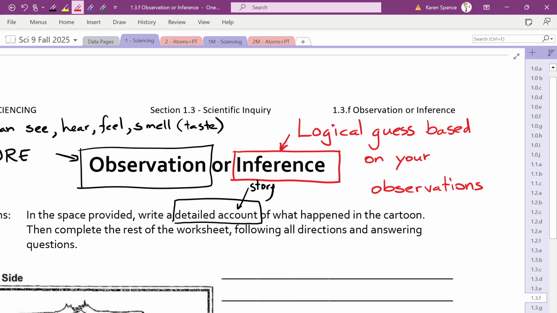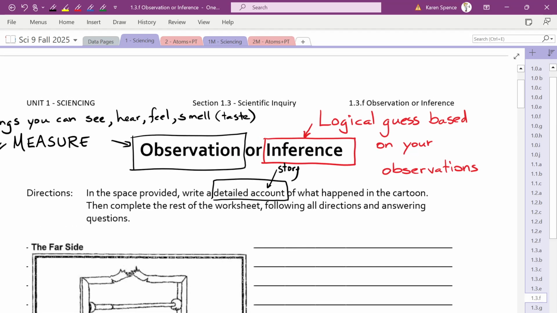Can you guys see that? Yeah? Okay. Ooh. Okay, so it is indeed erasable. You wouldn't necessarily make that inference. I happen to know that it's erasable, but okay, so that's the difference between an observation and an inference.